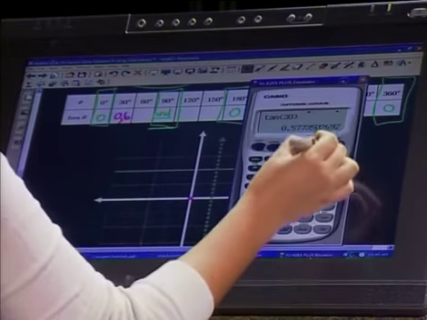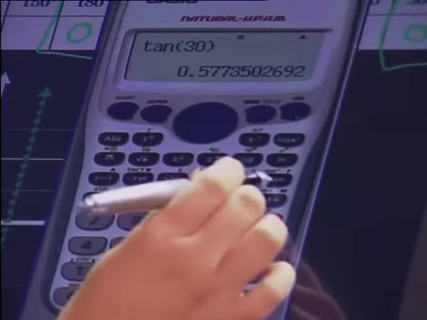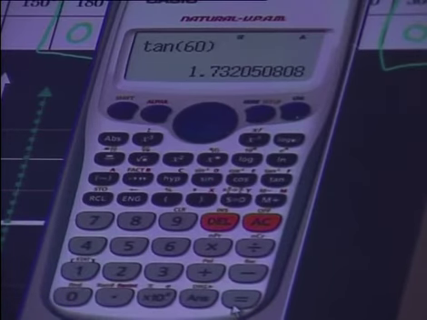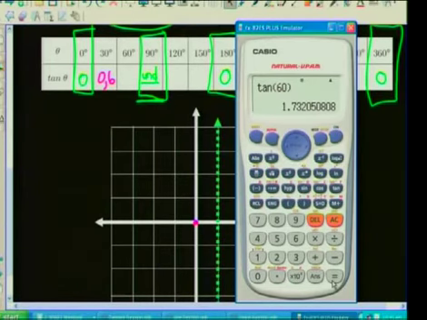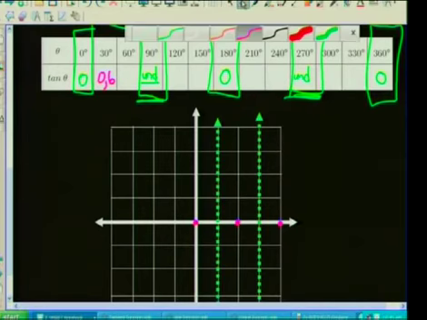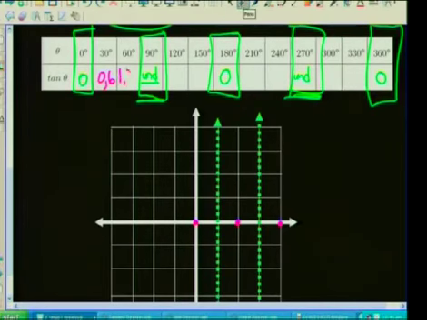And let's have a look at what tan of 60 degrees is. Tan of 60 degrees gives us a value of 1,732. Right, so now we've got something to work with.